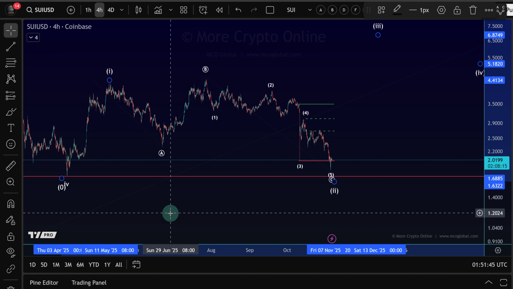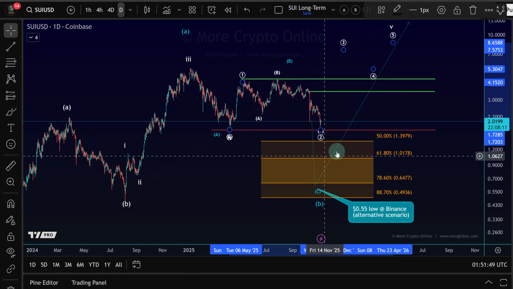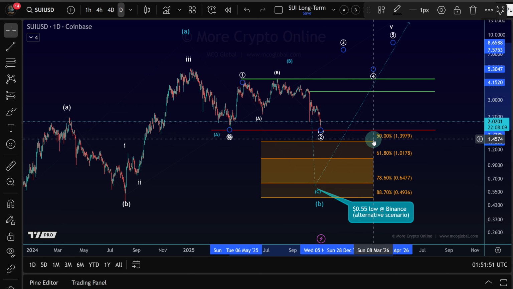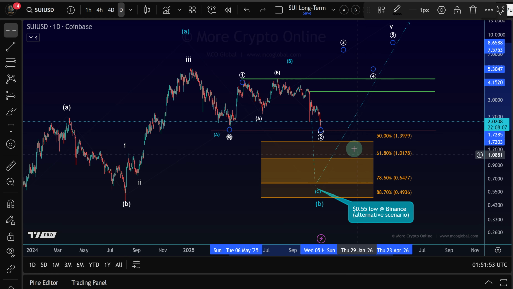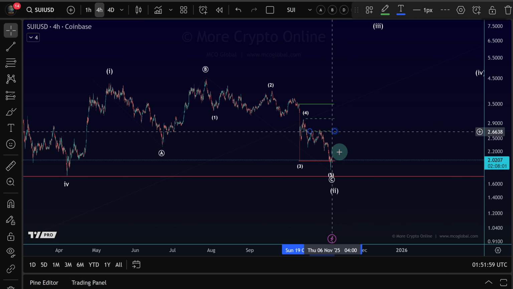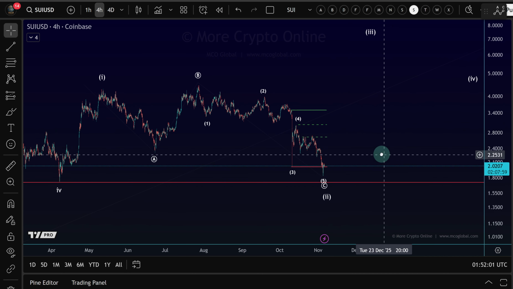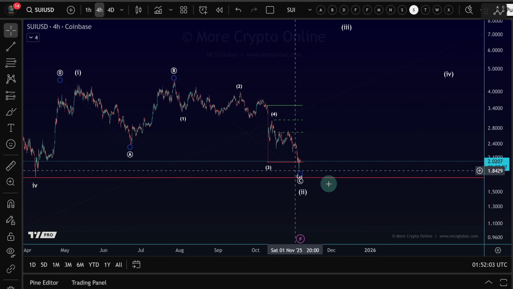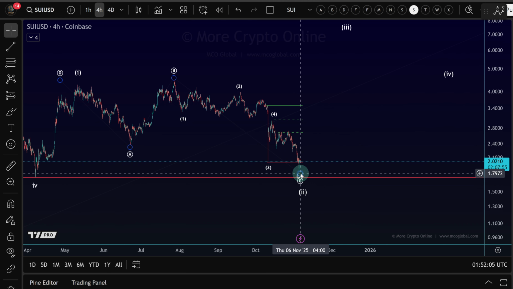It will then open the door back to larger degree support below, at $1.39 and $1.01. So the chart remains under pressure. We need a micro 5-wave move up that breaks at least above $2.68 to indicate a low is in. At the moment, low confidence that it's going to hold.